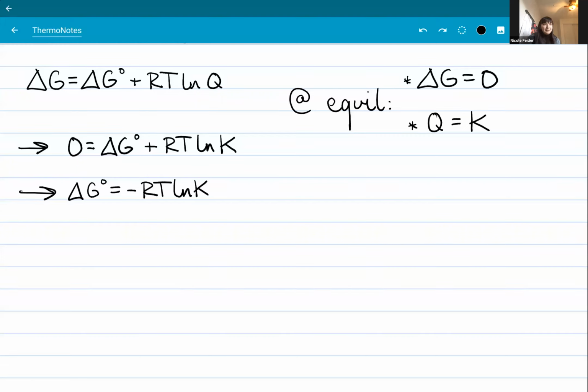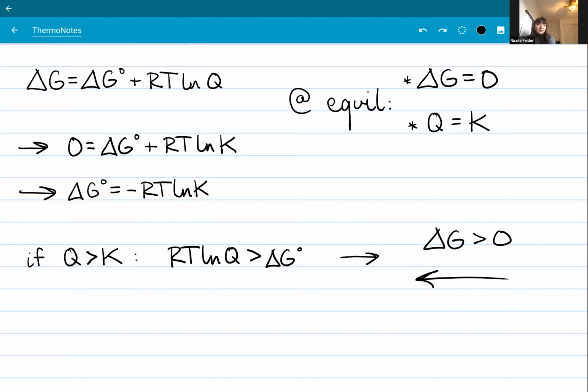So if Q is greater than K, that means that the RT ln Q term will be greater than the magnitude of the delta G naught term. And thus, delta G as a whole will be positive, which means the reverse reaction is favored.